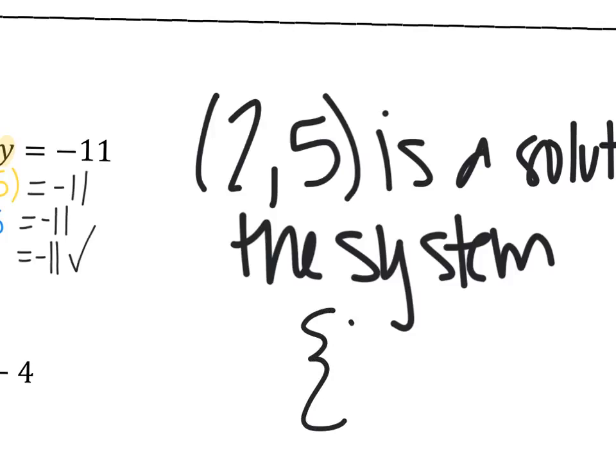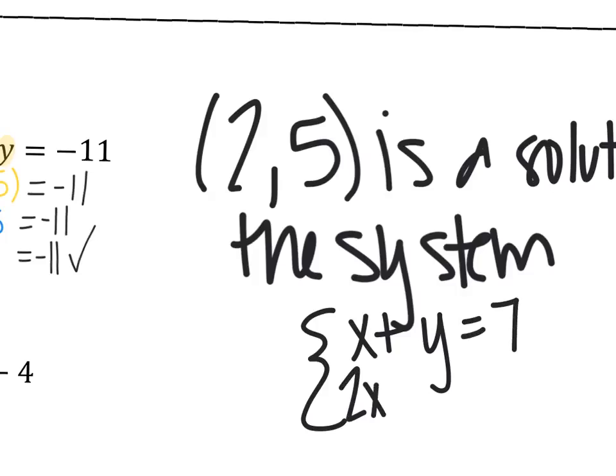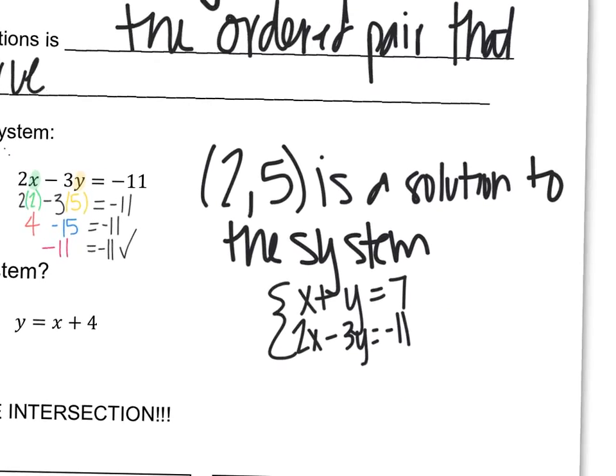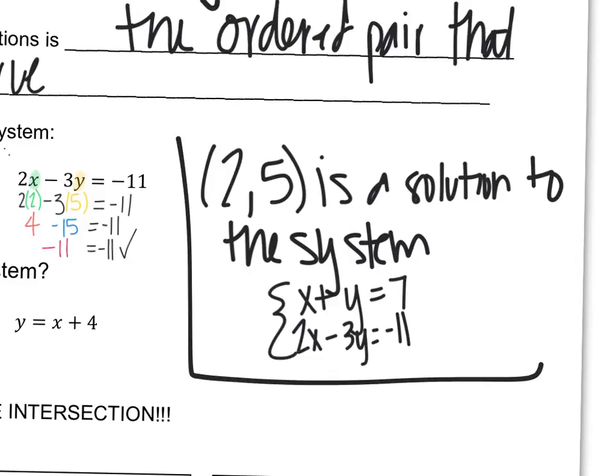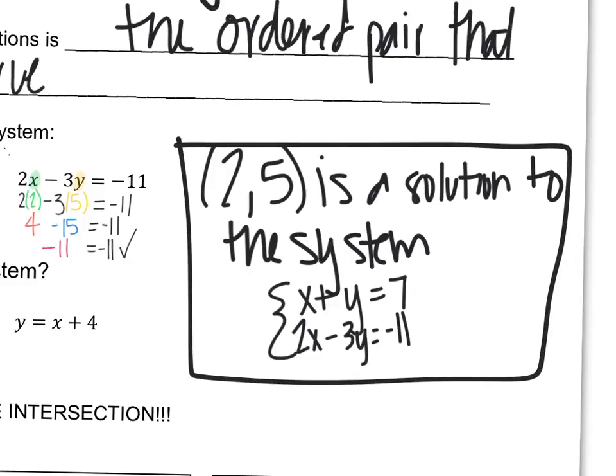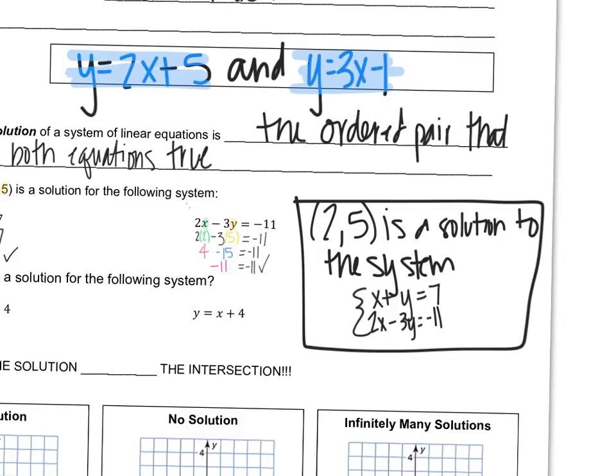And the way that we write that is with the fancy brackets. We did these when we were doing discrete functions earlier. So x plus y equals 7, and then 2x minus 3y equals negative 11. That would be the final answer to our problem. That's what we would actually write. That would be our answer to question number 1. So (2, 5) is a solution to the system.